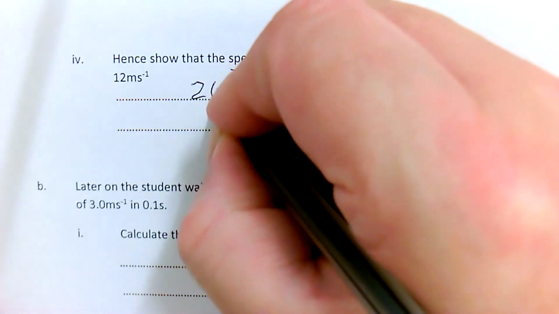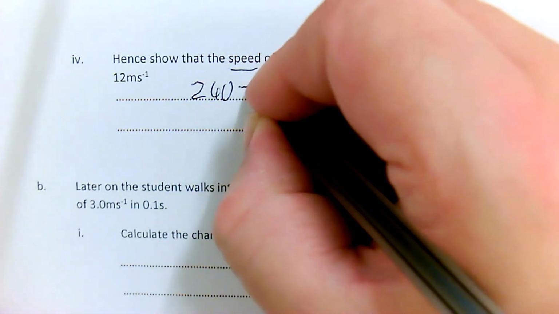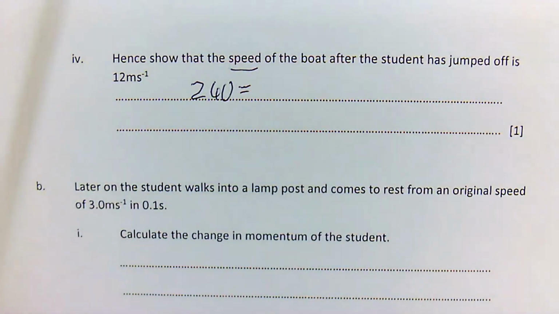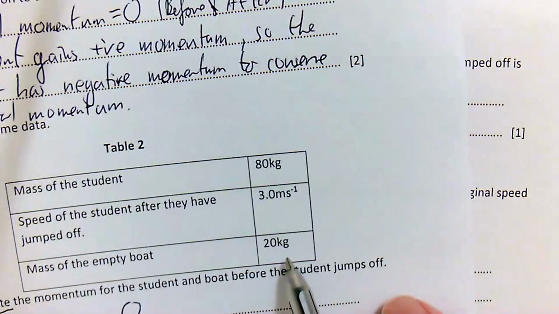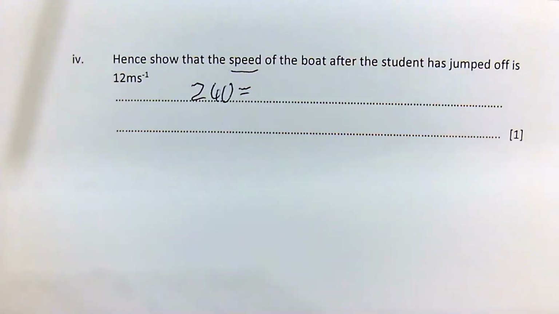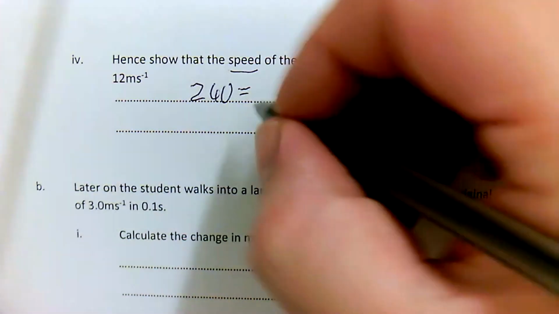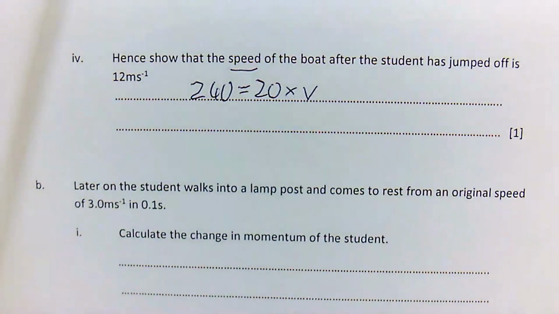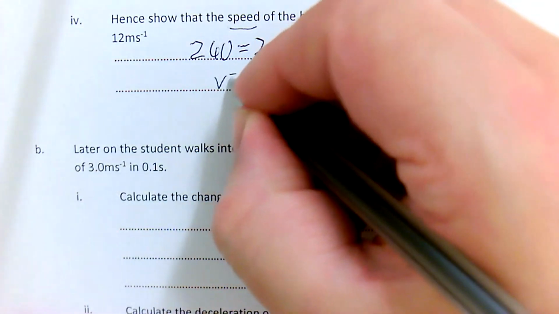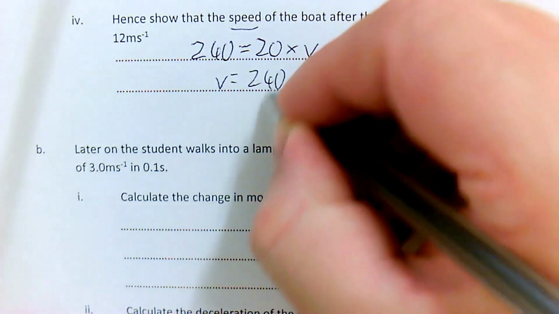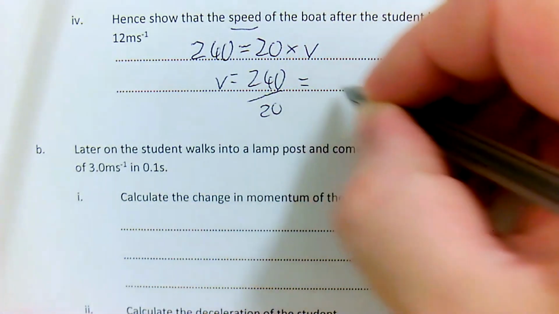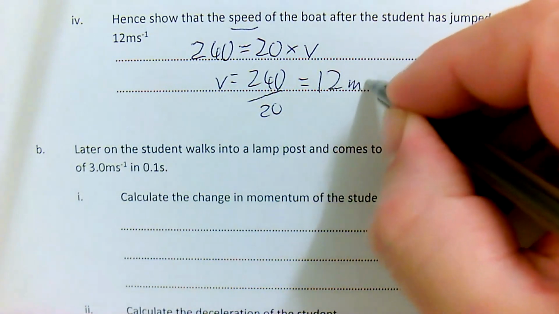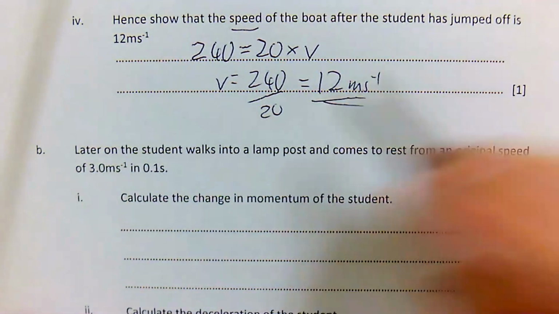The momentum was 240, which is equal to mass times velocity. Now we want to work out the mass. Mass is here, 20 kilograms. So that's going to be 20 times the speed, v. So v is going to be 240 over 20, which is 12 meters per second, which is shown.